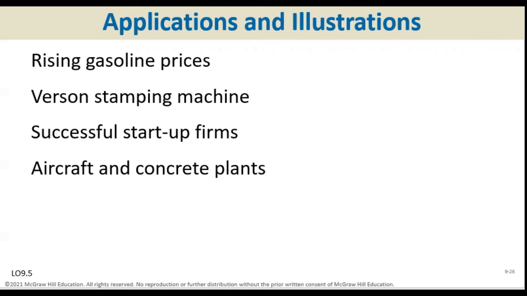We have also the example of a Versa stamping machine, right? This machine can produce as many as 5 million auto parts a year, although the machine itself costs as much as 30 million. If you can produce to that level, it makes it easier for you to produce quickly and cheaply, right?